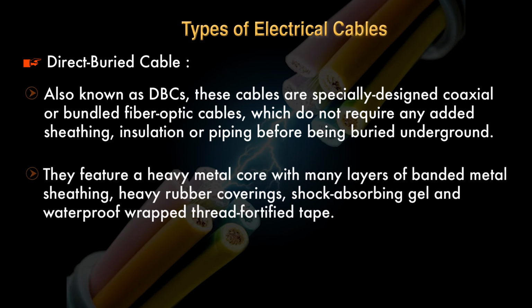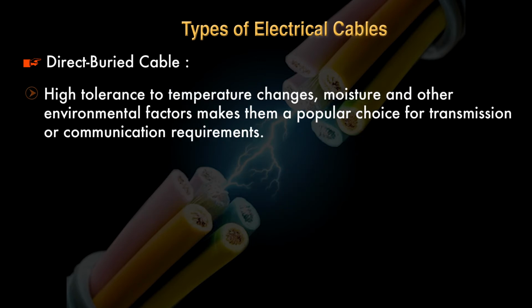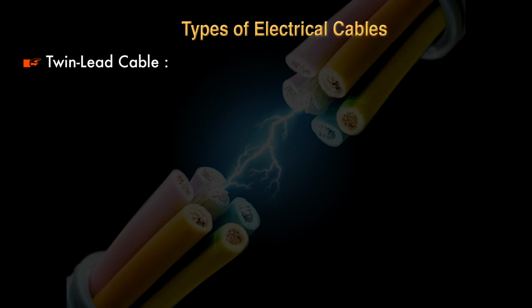They feature a heavy metal core with many layers of banded metal sheathing, heavy rubber covering, shock absorbing gel, and waterproof thread, fitted tape. High tolerance to temperature changes, moisture, and other environmental factors makes them a popular choice for transmission or communication requirements.